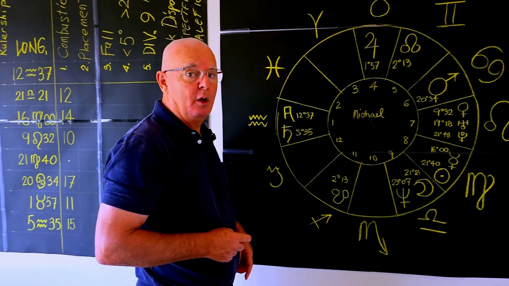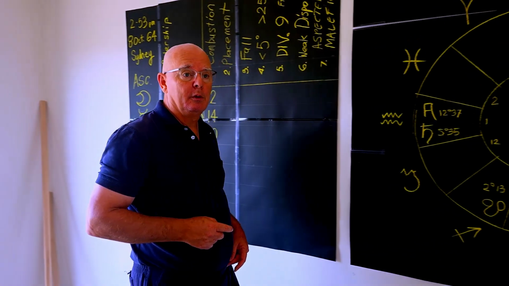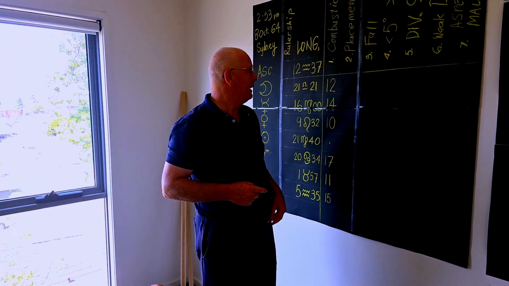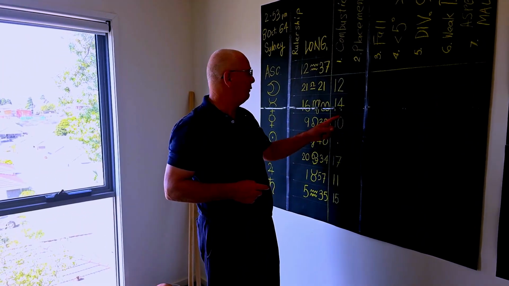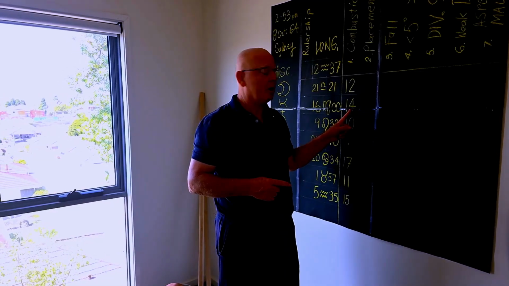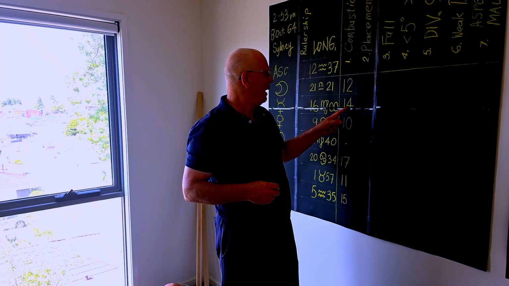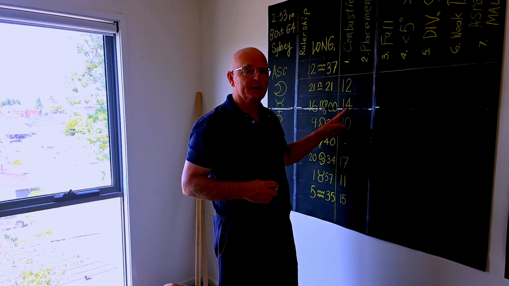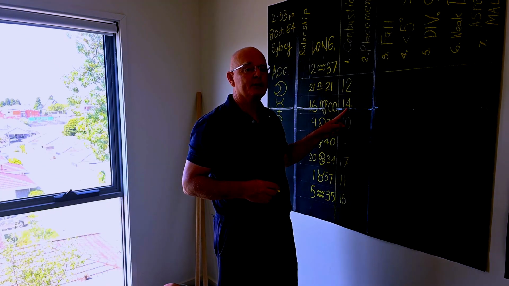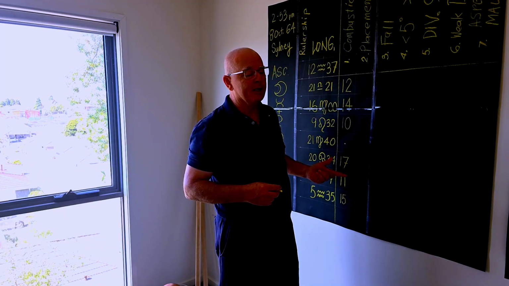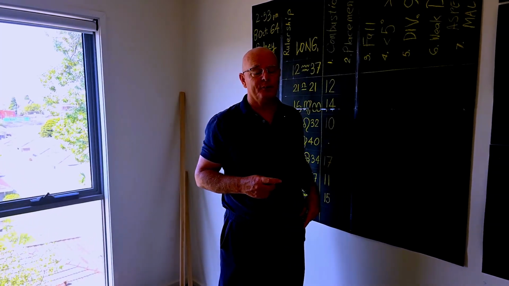So over here, when we look at the column of combustion, we can see that there is one planet which suffers, and I'm not going to mark anything because it would just get messy, but Mercury has this weakness. It's combust. And none of the other planets do. There's no other planets near the Sun.